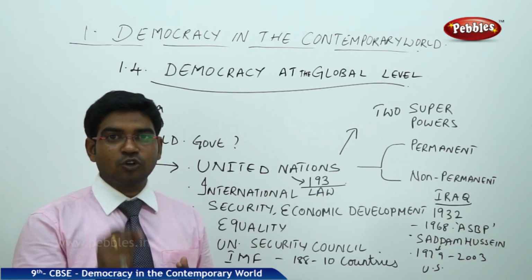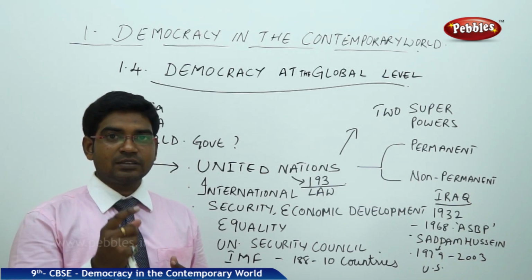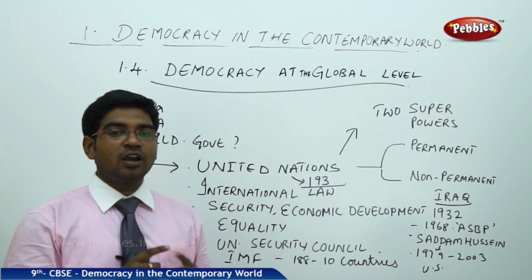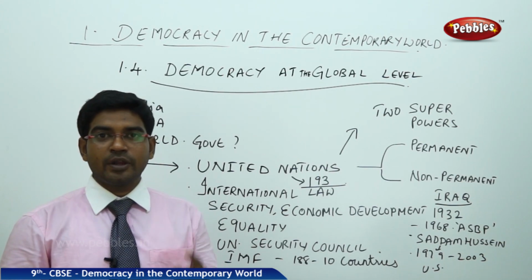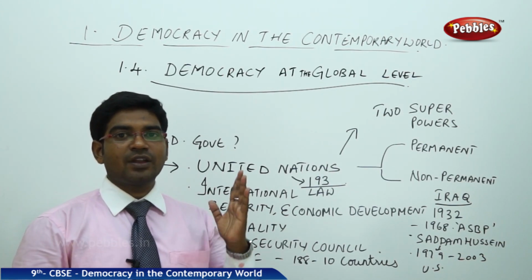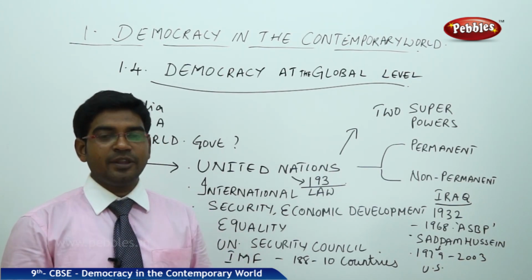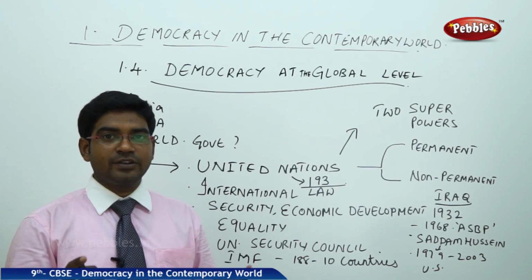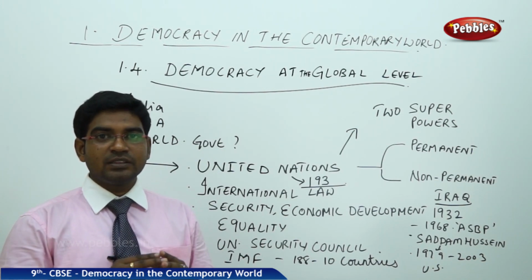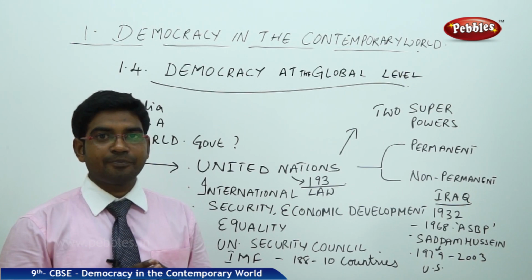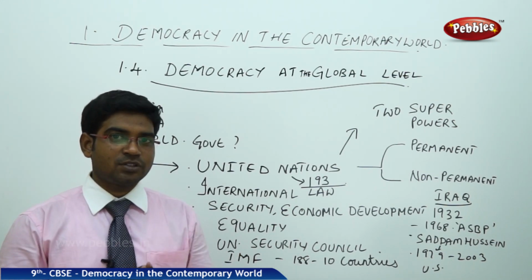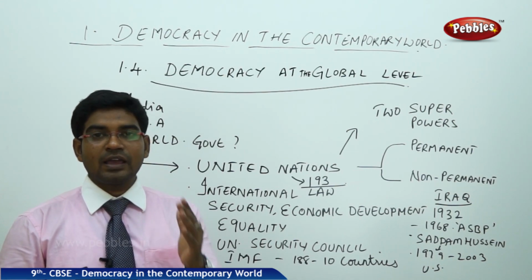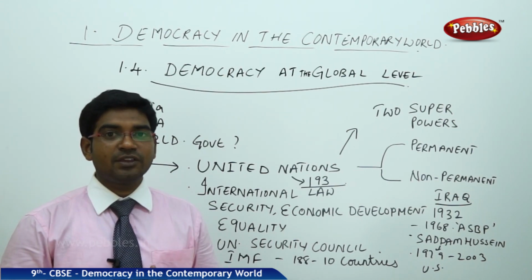This was the main motto which gave birth to the United Nations, a group of nations. Initially, on 24th October 1945, at the San Francisco summit, they had their meeting, and 51 countries signed the Charter of the UN, and thus the United Nations came into existence, which is still alive and functioning very effectively.